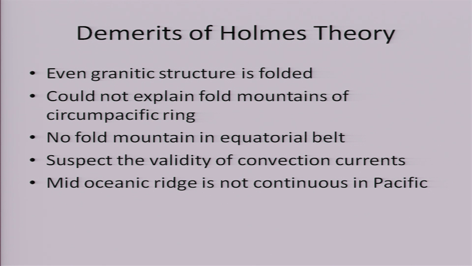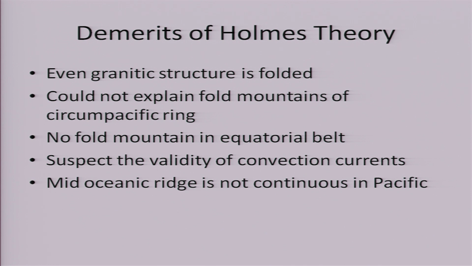He could not explain the fold mountains of circum-Pacific ring or those along the edges or the eastern and western parts of Pacific Ocean, and no fold mountains were found in the equatorial belt. Although he said that in the equatorial belt convection currents are formed, there is no fold mountain in the equatorial belt, which he could not explain.